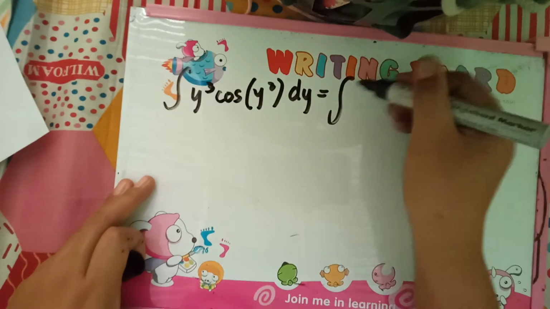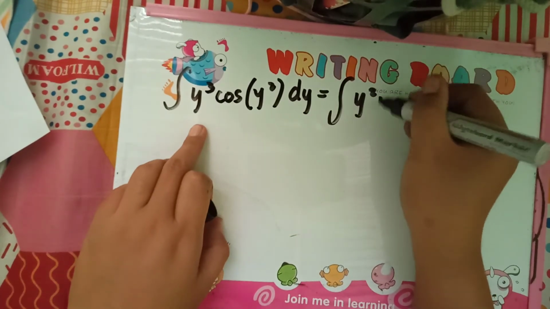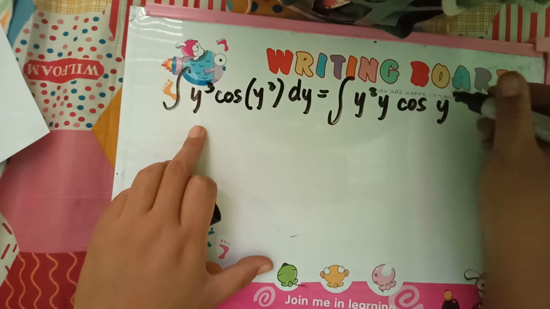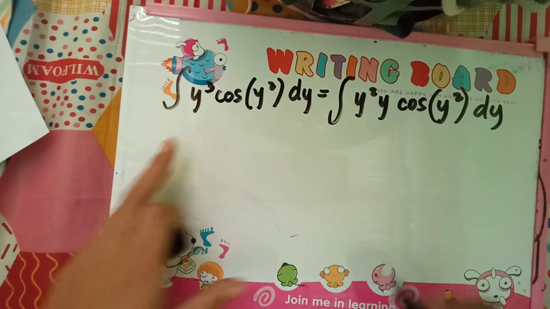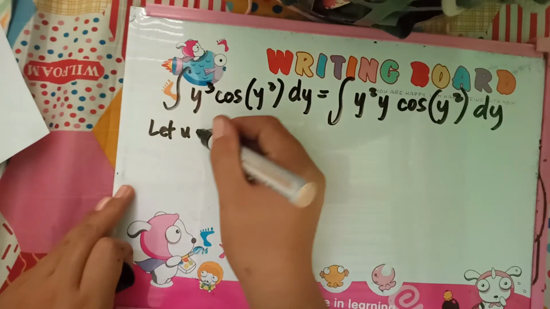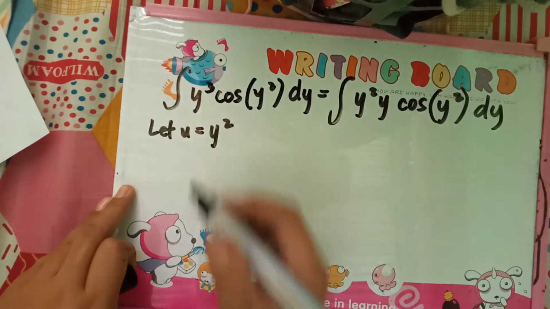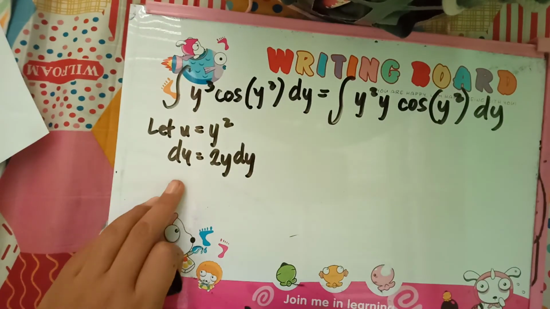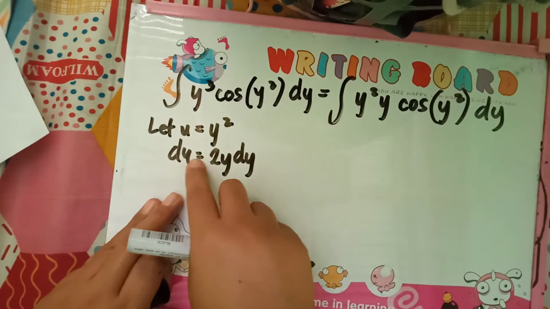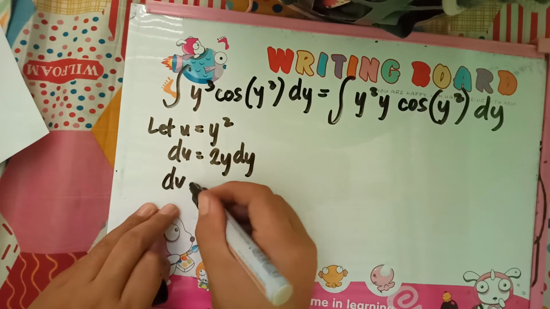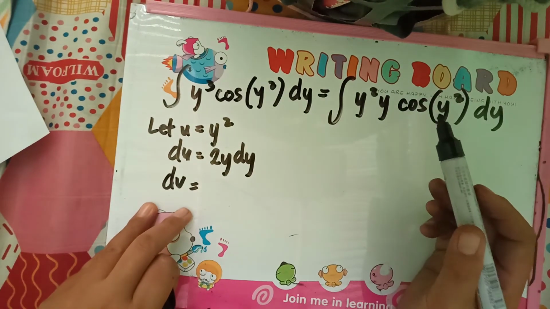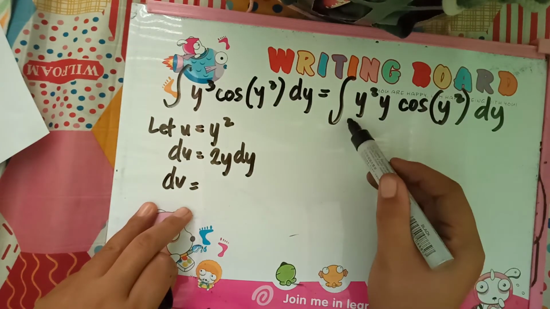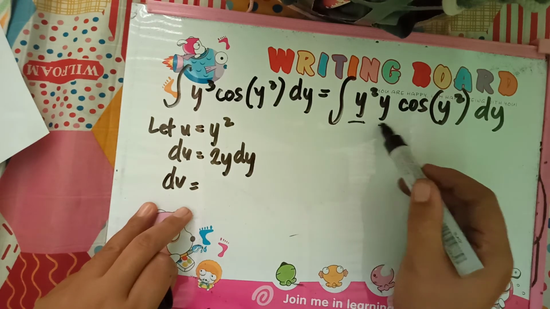Gawin natin, paghiwalayin natin to, y squared times y cosine y squared dy. Yan. So, we let u be equal to y squared. Okay? Your du will be 2y dy. Tama? Your dv, kung nilet natin si y squared as u, ito ngayon si dv.